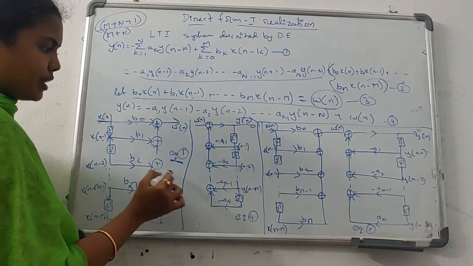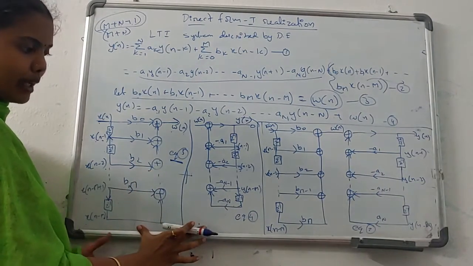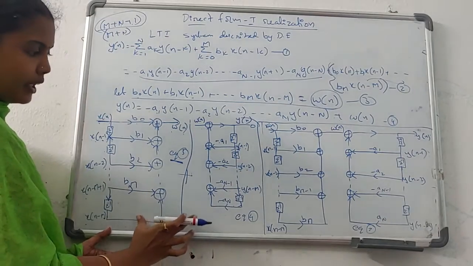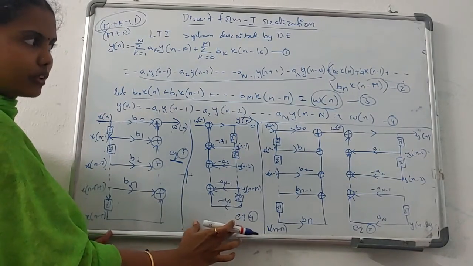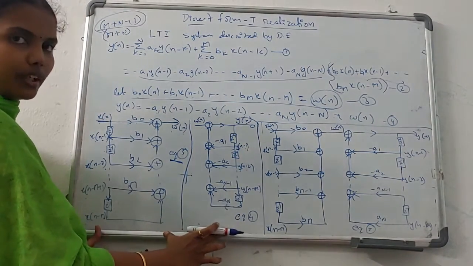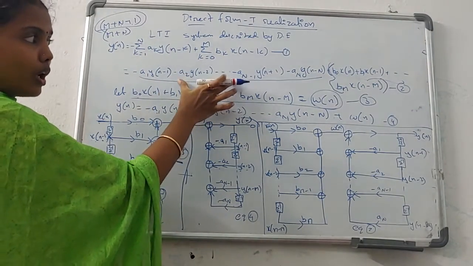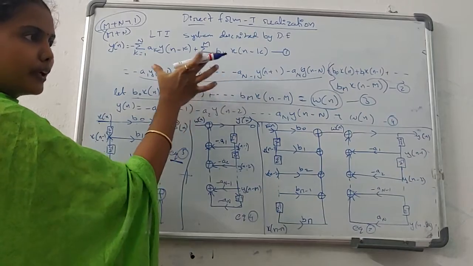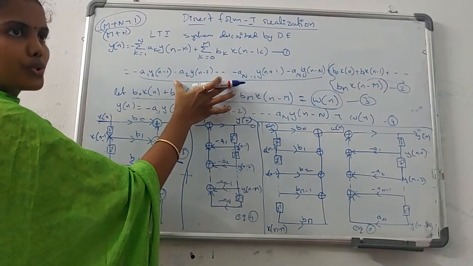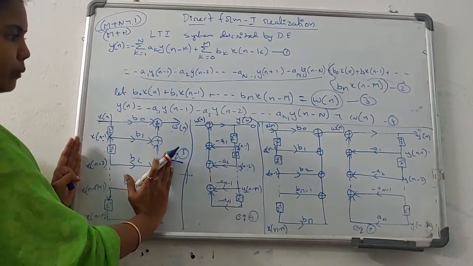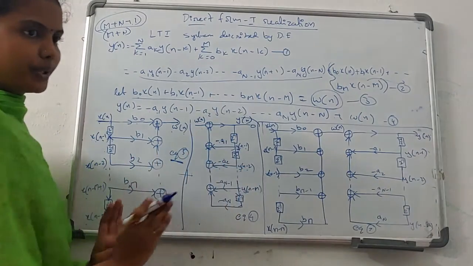Now combine equation 3 and equation 4 to get equation 2. Draw this combination of inputs and outputs. This part is only inputs and this part is only outputs.